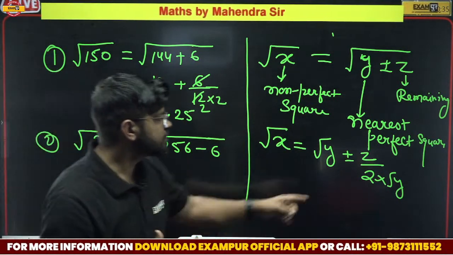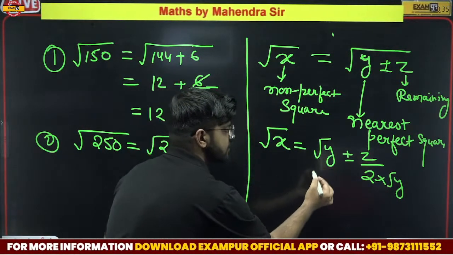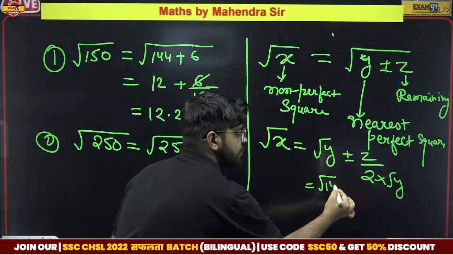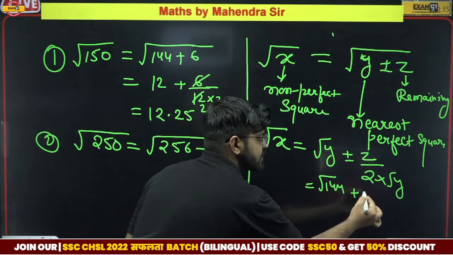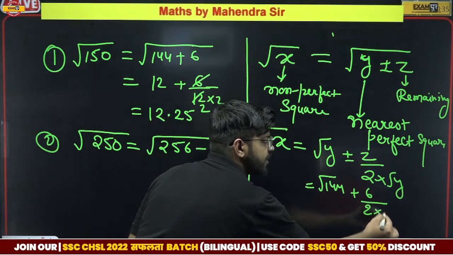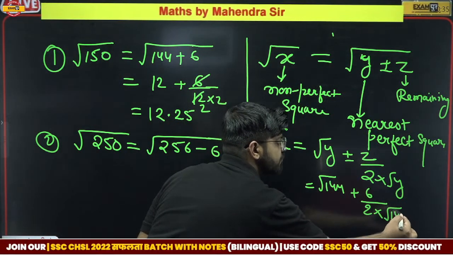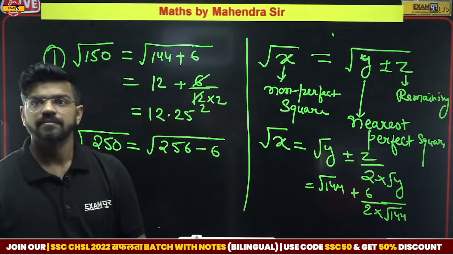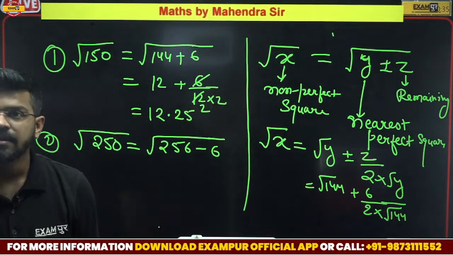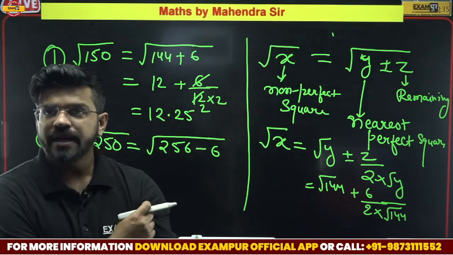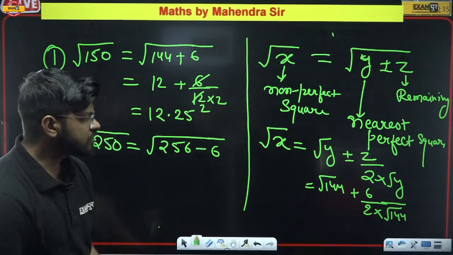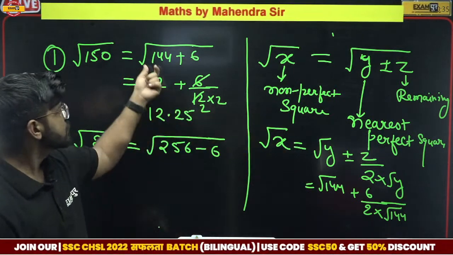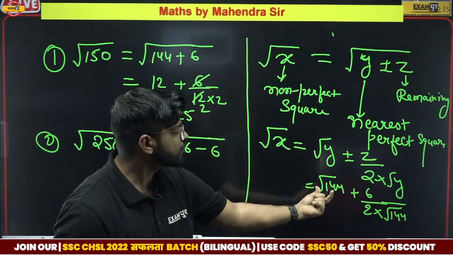See, here it is under root 144 plus 6 over 2 into under root 144. So 144 will give you 12.